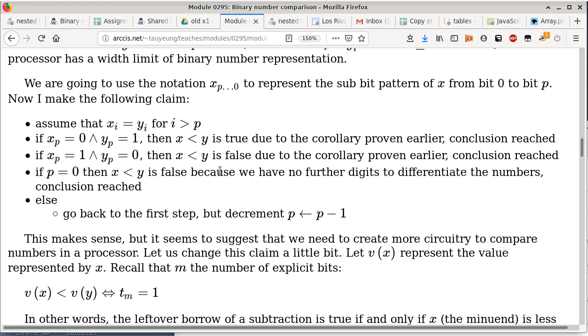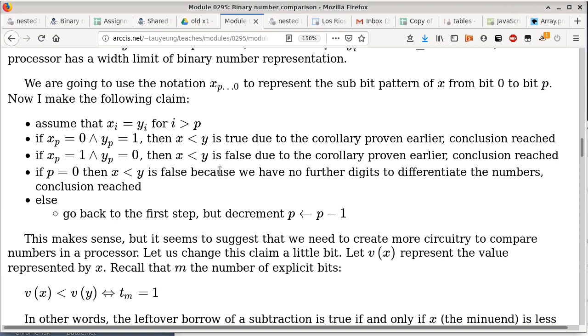Let's say you have a 32-bit integer, and p in this case would be 31 to start with, because you only have 32 explicit bits from bit 0 to bit 31. Well, you actually have an infinite number of bits from 32 and up, except those are all zeros. So when we have a 32-bit number, p can start with 31. Does that make sense?